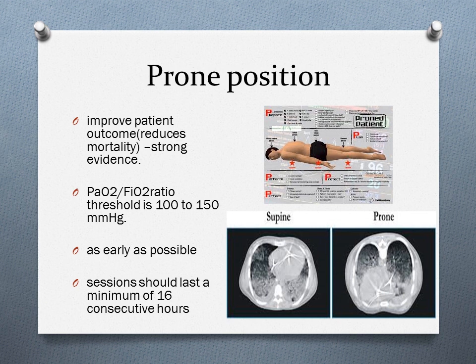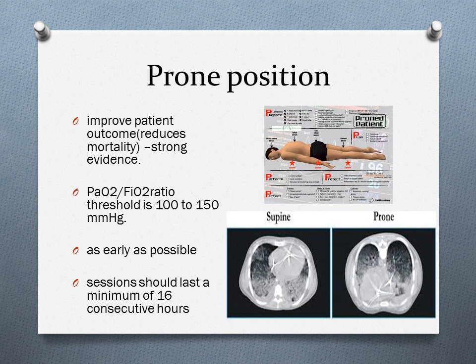So, if you have an ARDS patient already on mechanical ventilation, well sedated, well paralyzed, but still not achieving the targets we mentioned before, what other options can you think about? One of the most important options is to put the patient in a prone position, because there is strong evidence that proning improves patient outcome and reduces mortality.